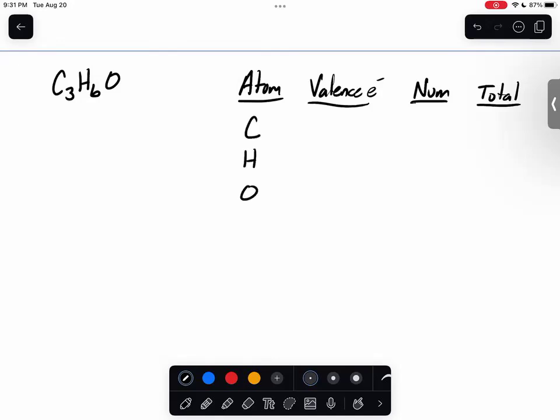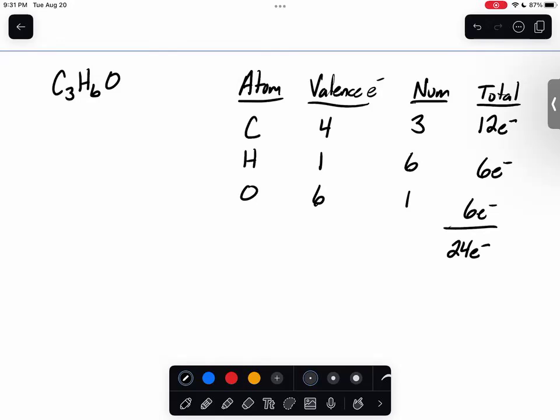But the difference is all we did was add in an extra carbon. So that does change our electron total though, because now 4 by 3 is 12 electrons from carbons, 6 from the hydrogens, 6 from the oxygen, and this time we end up with a total of 24 electrons.